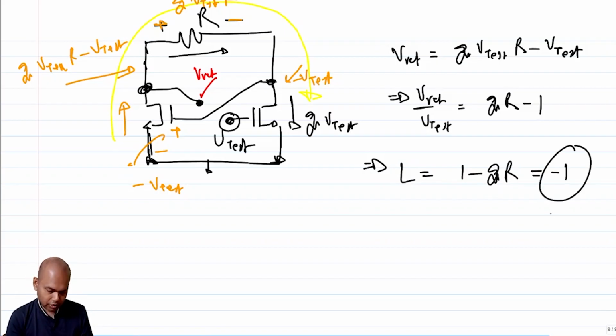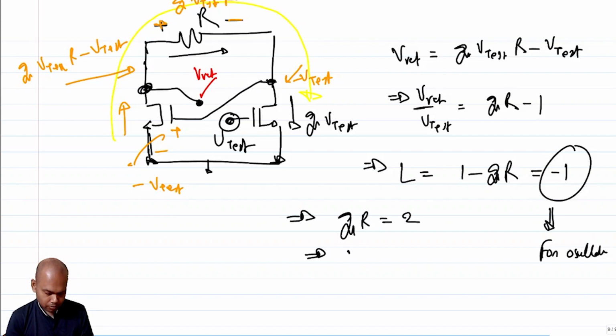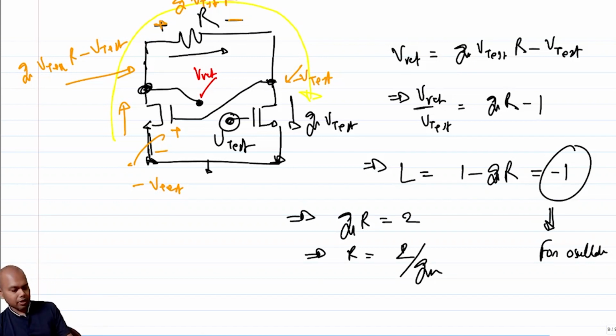This is for oscillation, which means that my Gm times R has to be equal to 2, which means R is equal to 2 by Gm, right? So this is the same condition that we get back using the loop gain analysis.